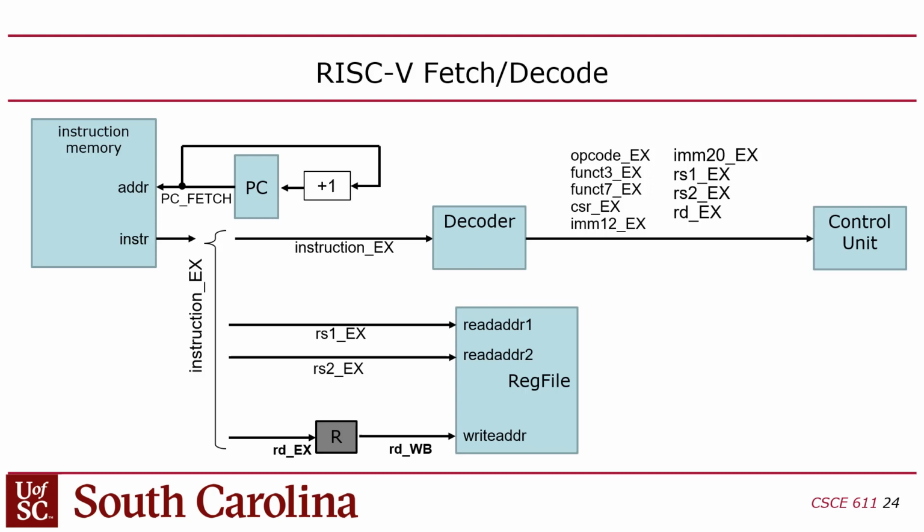So for example, you can bring out the opcode, the function 3 field, the function 7 code, the CSR field, and immediate 12 field, right? The CSR field and the immediate 12 are actually the same bits. It's the upper 12 bits of the instruction, but there's 2 signals here declared just so it's more clear.